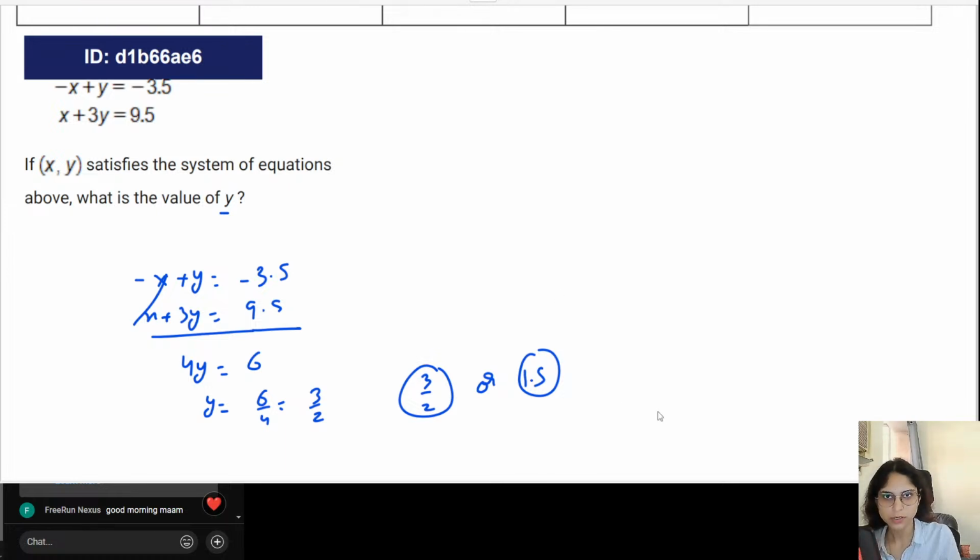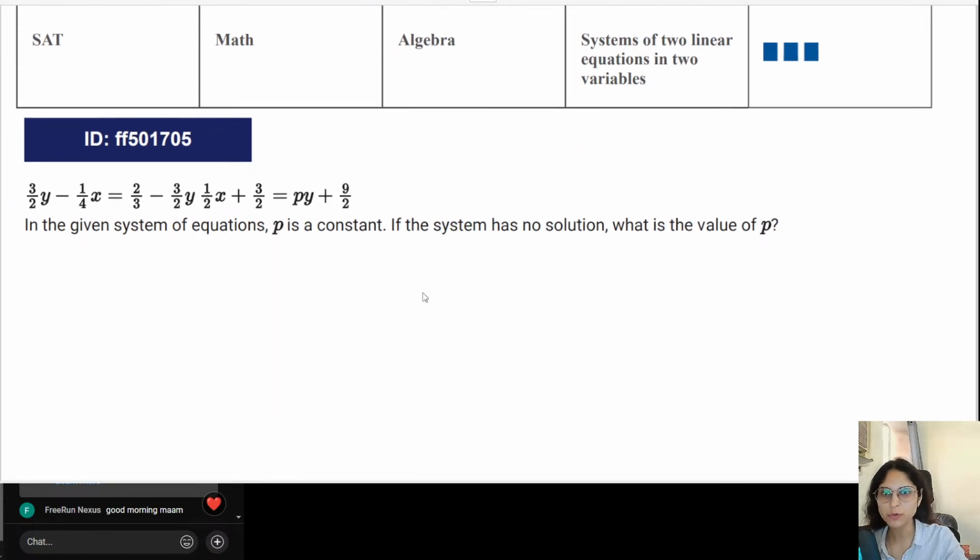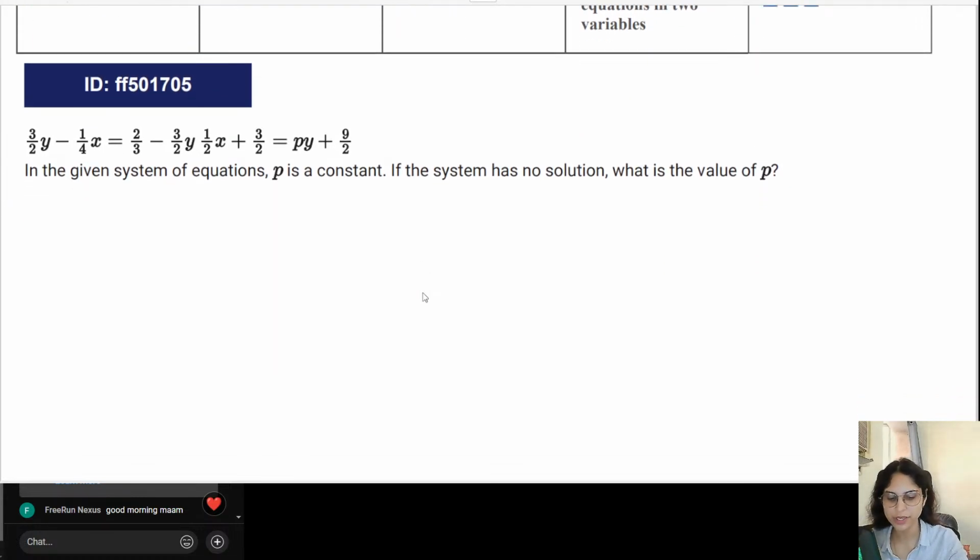Next one is question number 3. Like I told you, most of the questions are about no solution, infinite solution, number of solutions. And they will give you weird equations and you will not also know where the next one is starting. So this is the gap, I think so, yeah.